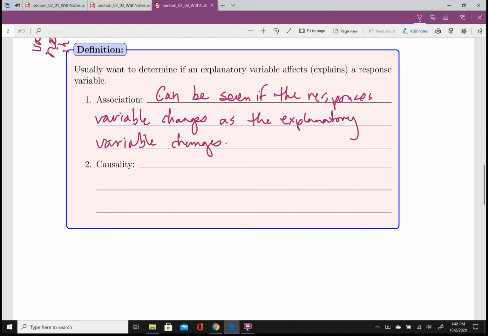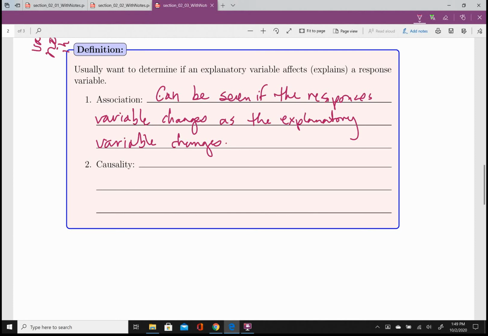Okay, so remember, the explanatory variable is the thing that comes first in the scenario, okay? Like some action is taken, and then there may be a response after that. So if the response variable changes because of what was happening with the explanatory variable happening first, then we can say that there's an association, okay? So if the explanatory variable causes a change in the response variable, then we say that there's causality, okay?